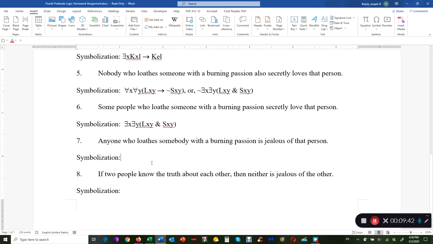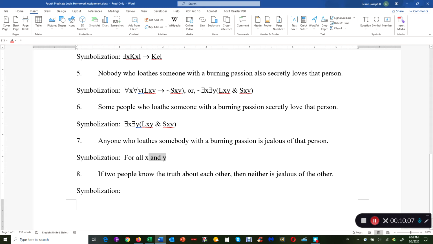Number 7, anyone who loathes someone with a burning passion is jealous of that person. So, for all x and all y, or for all x and y, sometimes we say things this way when we're talking about quantifiers, and you'll see the and as I was talking about up here, but the and isn't really part of the quantification.